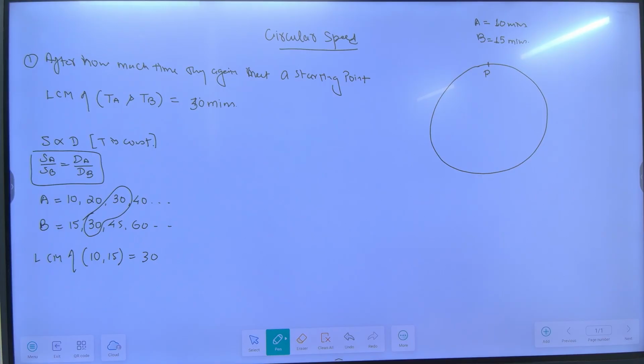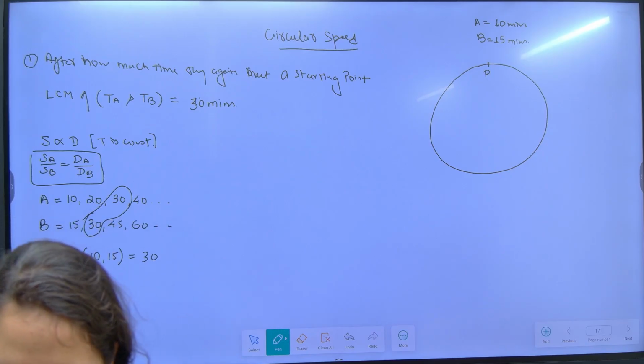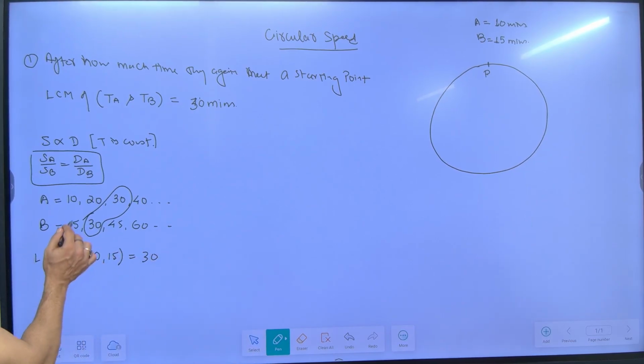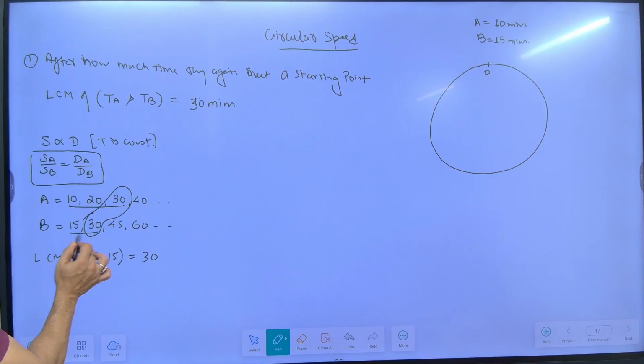Now, when they are meeting for the first time after 30 minutes in this case, how many rounds has A covered? 3 rounds, right? 10, 20, 30. How many rounds has B covered? 2. A has covered 3 rounds, B has covered 2 rounds.